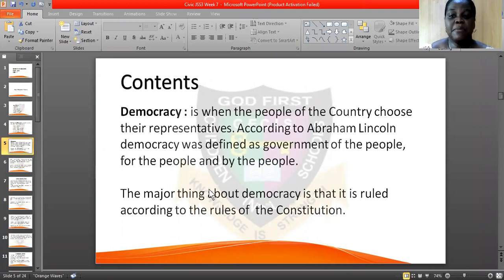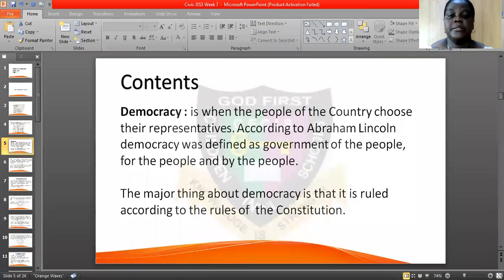This shows that people are the center of the governance. Anything that they want to do revolves around the people. People are the ones participating in governance, and they are also the ones that are going to be ruled. So that's why we said the government of the people, for the people, and by the people.